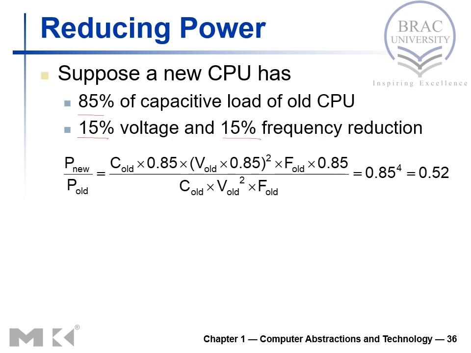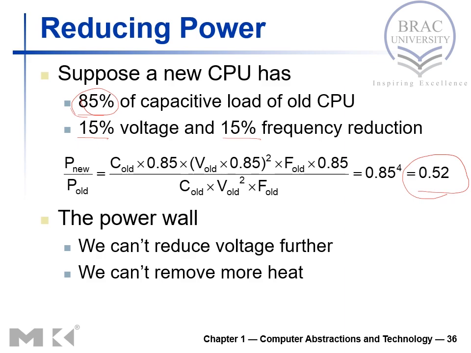If we compare this, that gives us this result: if we decrease the capacitive load by just 15% and voltage and frequency by 15%, then the new system would use 50% less power than the previous one.